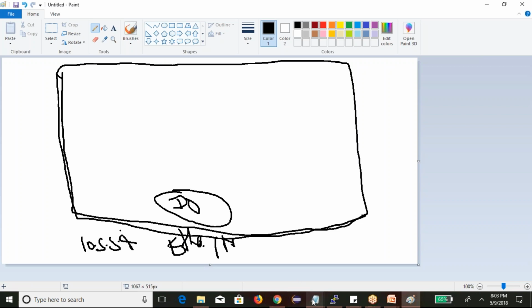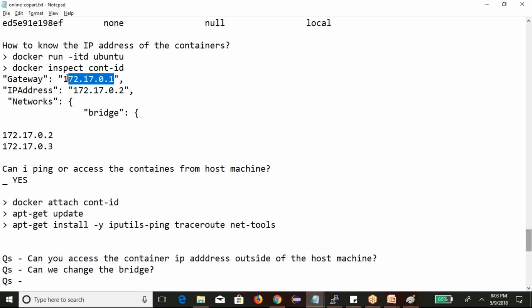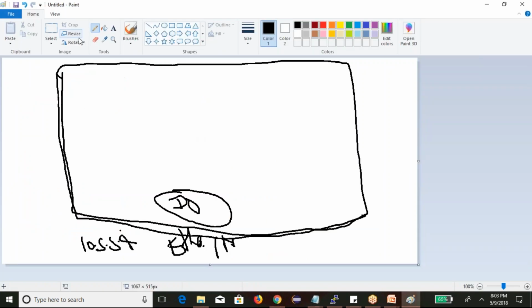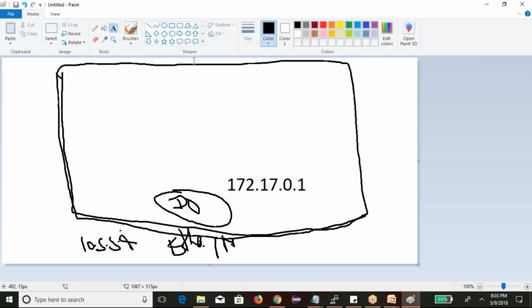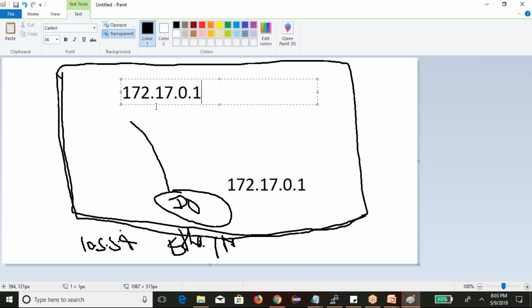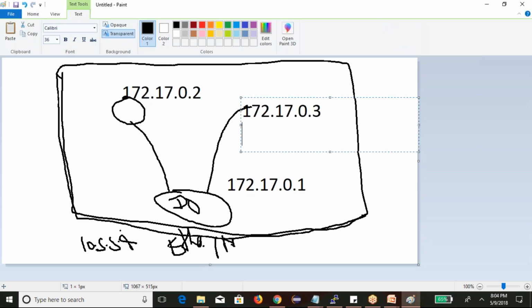Now when you created the bridge, it got this IP address. Now when you create a container, it gives you another IP address, which is 2. This container got another IP address, 3.